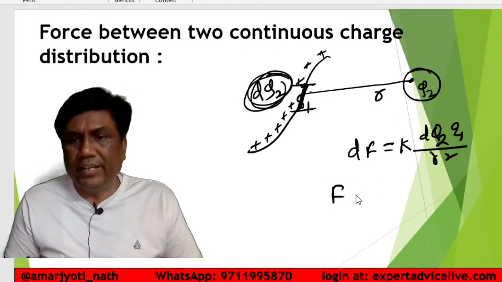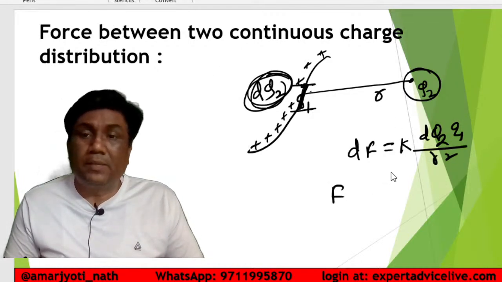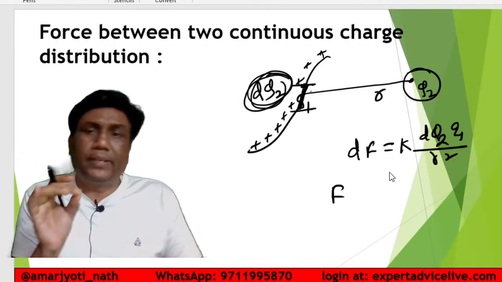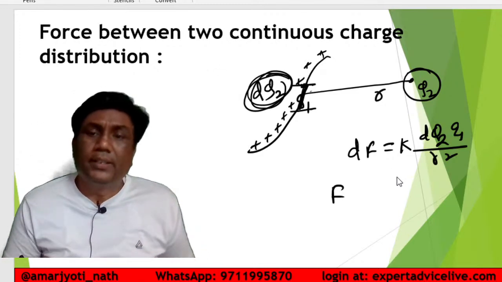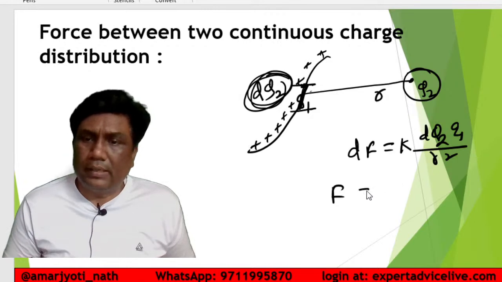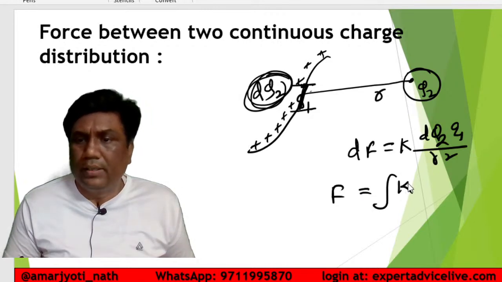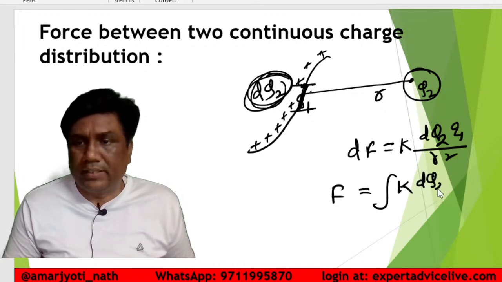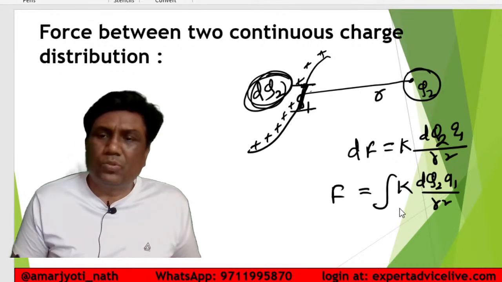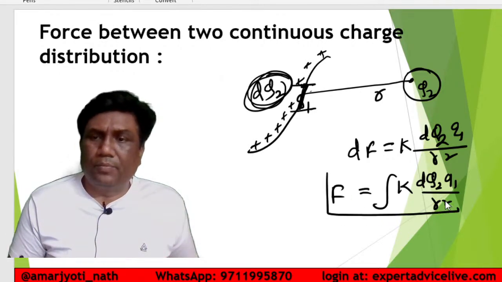If you integrate it, you are going to get the total force. But remember, while integrating, we have to take care of the direction of force also. I am going to take one example, and I am sure after that example it will be clear. k can be taken out of the integration; it is a constant as far as our situation is concerned. But if it is not, then of course we have to integrate it in the proper way.